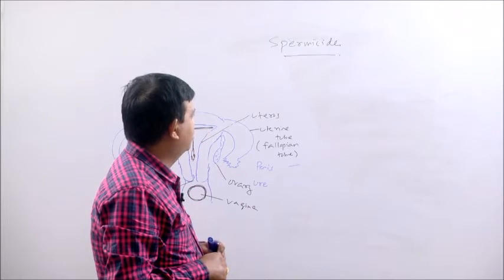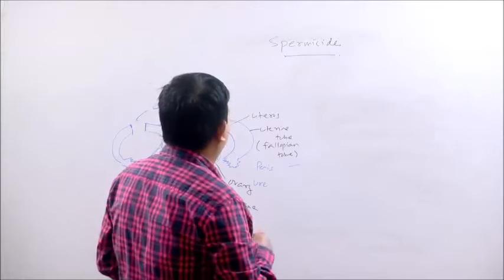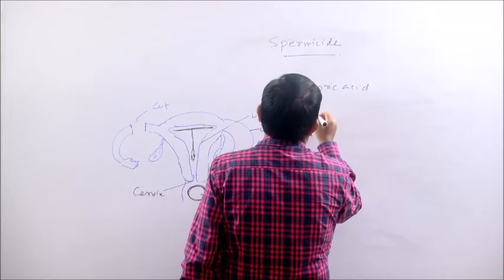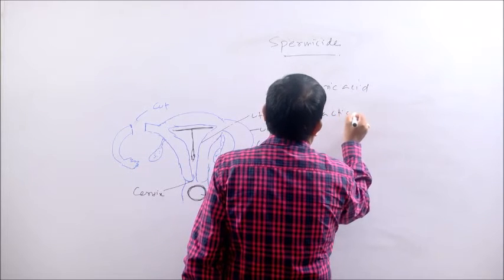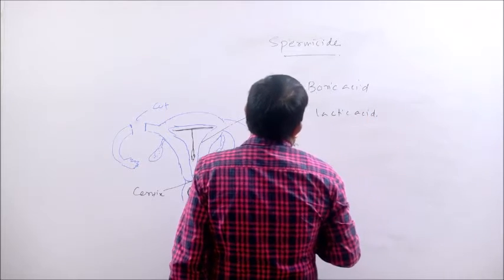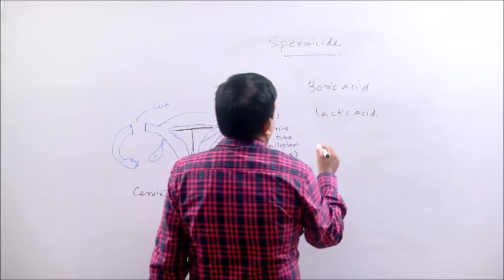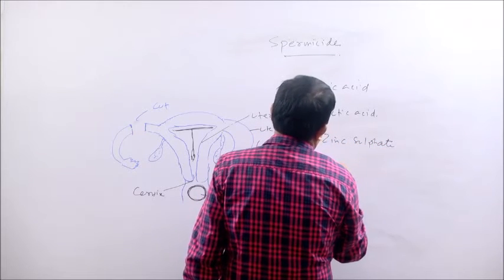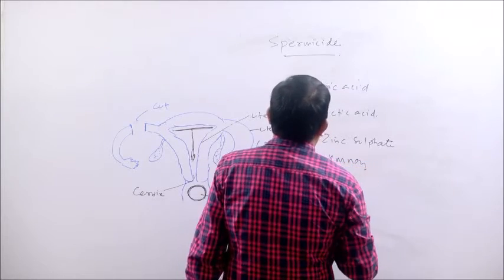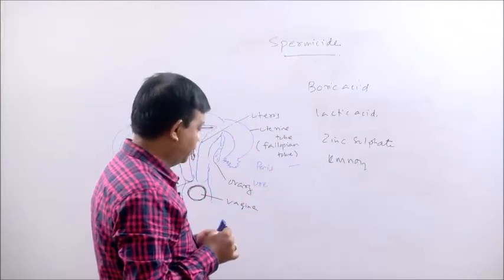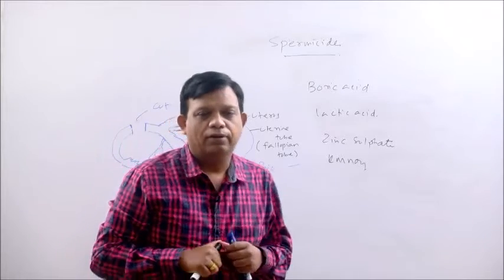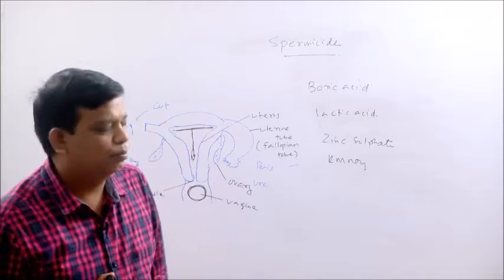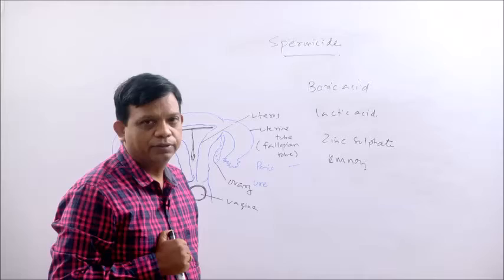These spermicides contain chemicals like boric acid, lactic acid, zinc phosphate, then potassium permanganate. These are found in the spermicide. The spermicides kill the sperms by rupturing the plasma membrane of the sperms.